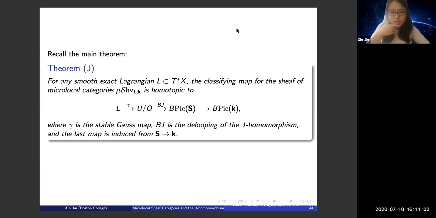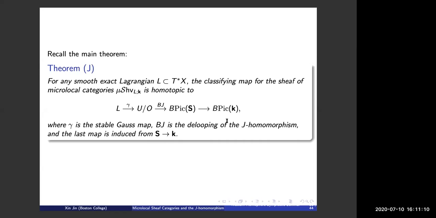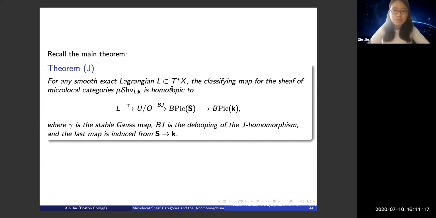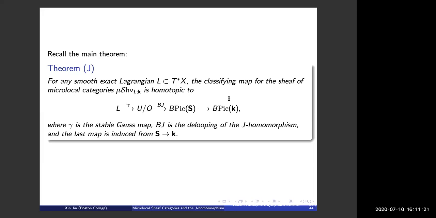But is there a canonical trivialization from L to Pic S? It is not canonical. I see. So this trivializes, and therefore you can pick a lifting, so you do get a map, but it's not canonical. Yeah, it shouldn't be canonical. Okay, I see. Thank you. No problem.